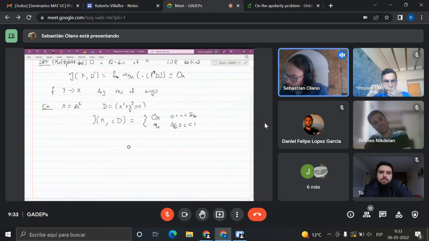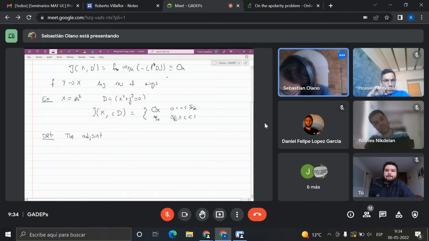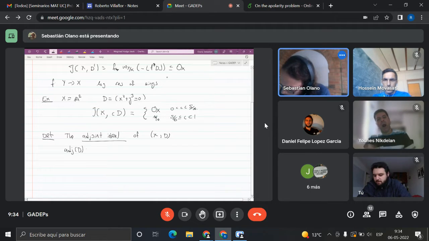The other ideal I'm going to talk about is the adjoint ideal. This is of a pair where D is now a reduced divisor, and it is defined in a very similar way.